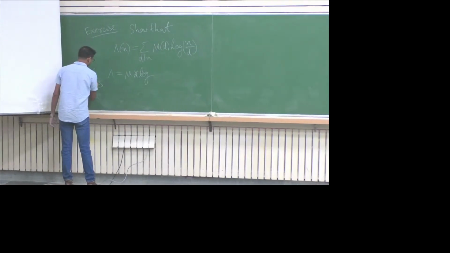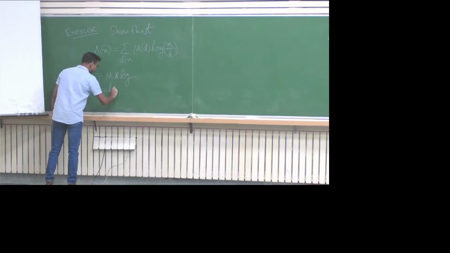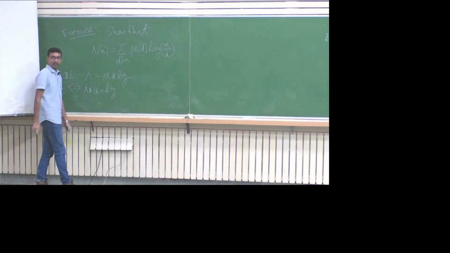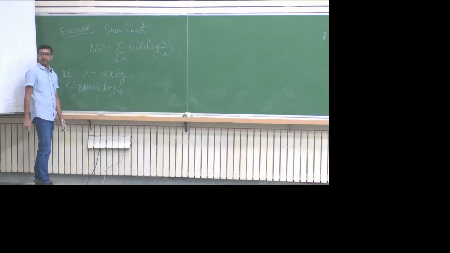Okay. So this is equivalent to show that lambda star u is equal to log. That is, log of n is equal to lambda star u of n. Right?